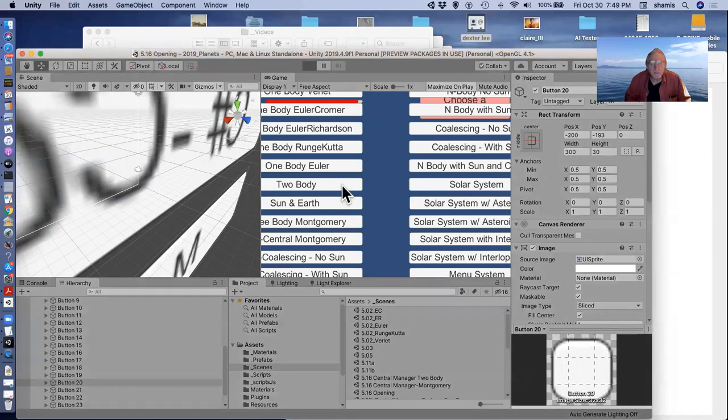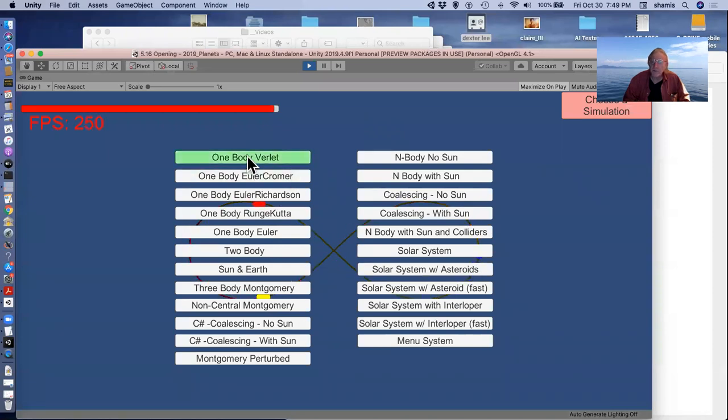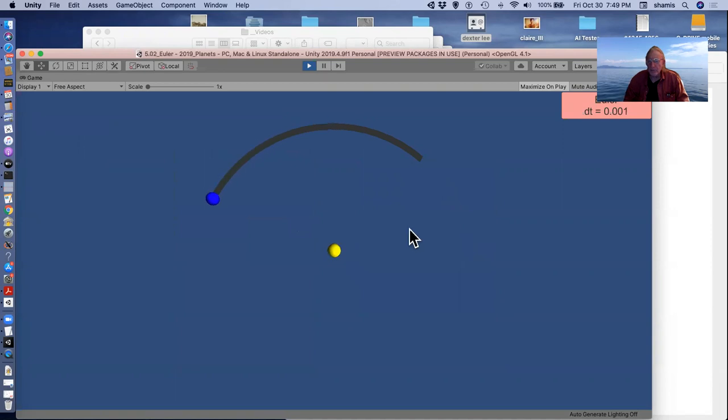As I mentioned, this was done as a homework assignment for 415. So here are a whole bunch of comparisons of the different numerical methods that I mentioned. One of the things to be done in the assignment was to confirm that the Euler method doesn't work.